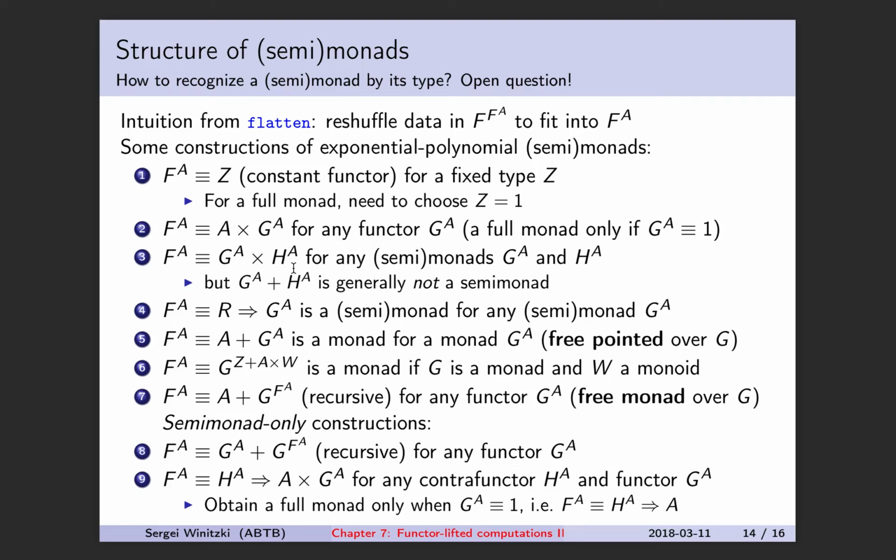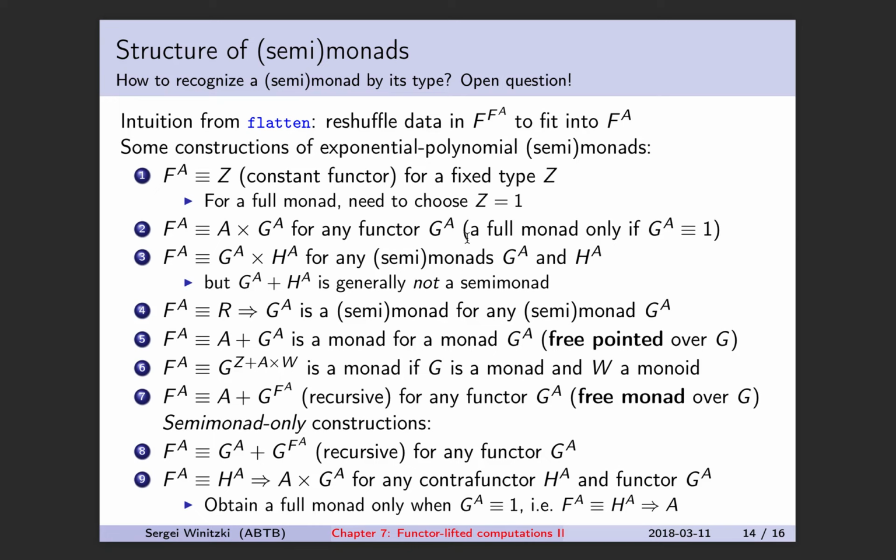The next example is the construction of a semimonad or a monad, which looks like this. For any functor g, we take the tuple of a and g of a, and that is the new type constructor f.